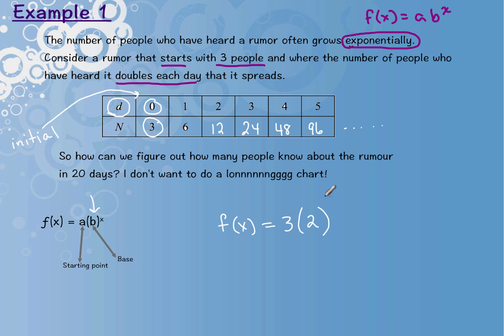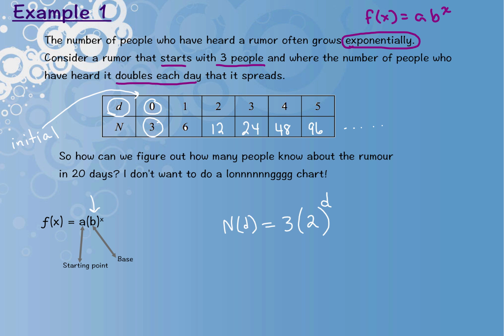I could say it's raised to the d power, and then that means I'm going to have to change some of my letters down here, and n of d. So that means the number of people who heard the rumor depends on how many days have gone by.